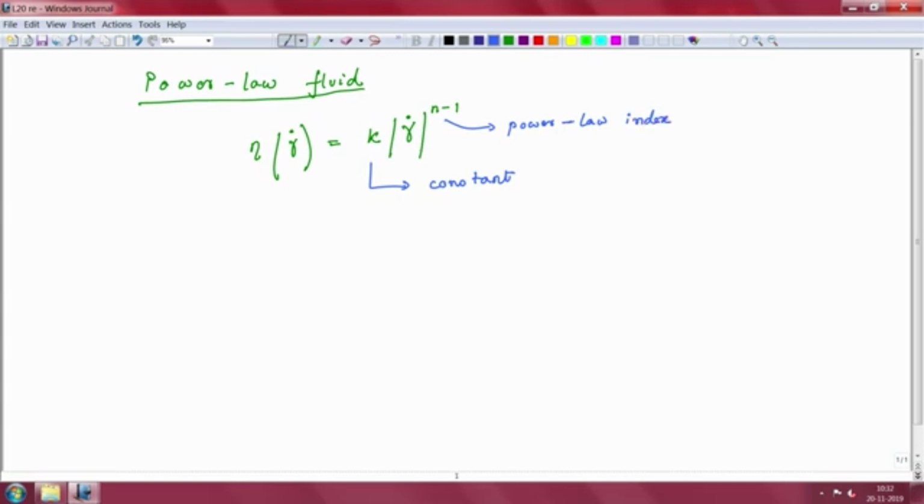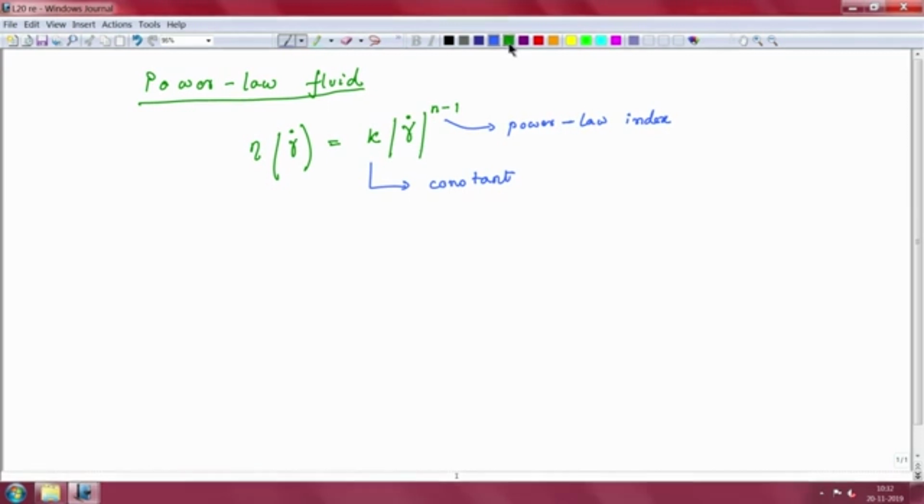If you assume a value of 0 for eta infinity, for high shear rates, you can show that the Carreau model can be reduced to this particular form. But usually the power law fluid formulation is meant for calculating the viscosities in a given shear rate regime.